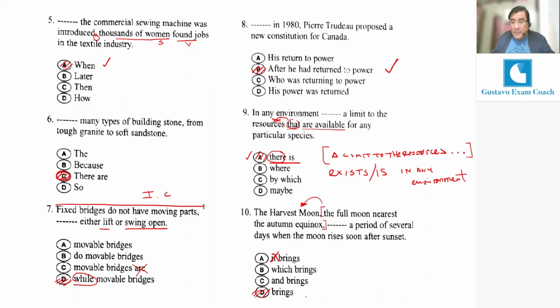So this is the best answer choice. So this is just a way in which we can see how the theory of clauses, subordinate clauses, independent clauses, and sentences, simple sentences, compound sentences, and complex sentences work when we analyze sentences in written English.